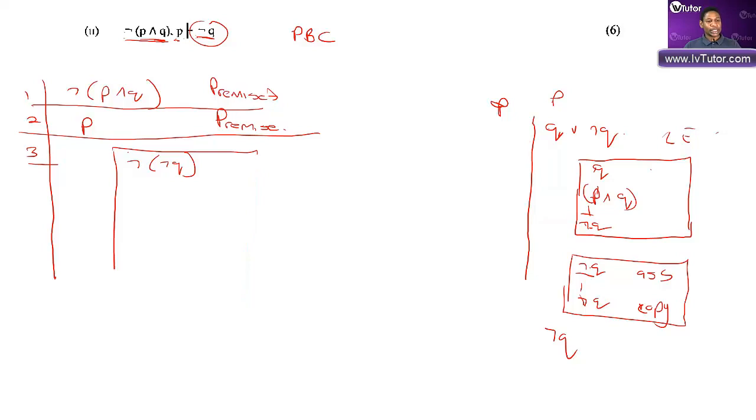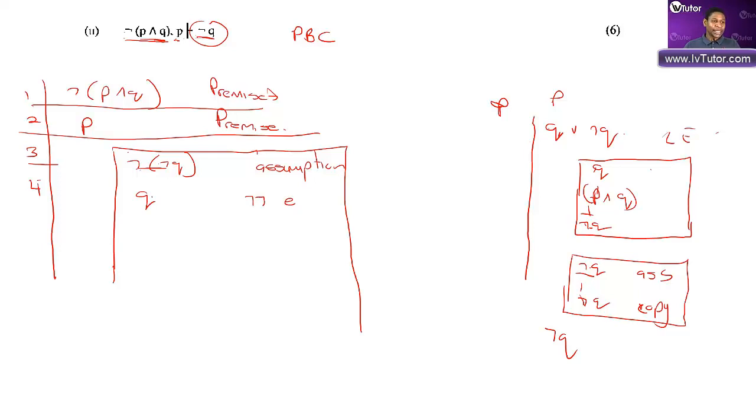What is the label that I'm going to write here? This is an assumption. I've opened what I call an assumption box. This is assumption box number 4. I've got the negation of not Q, so I can remove this double negation. So I have Q, and this will be double negation elimination.